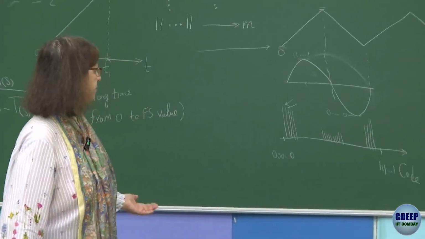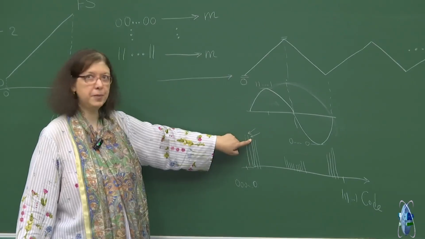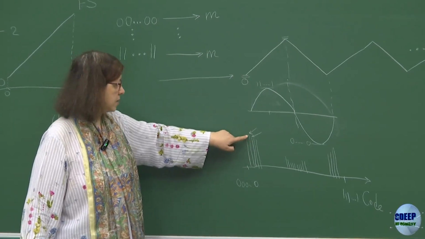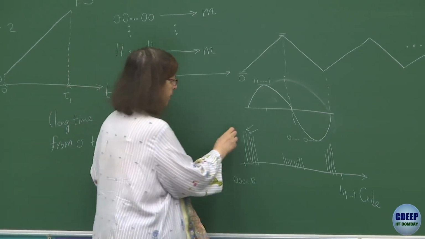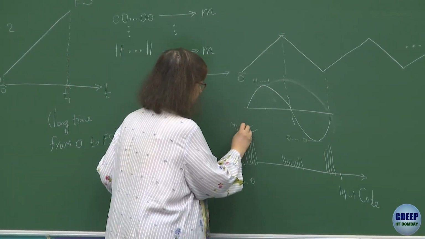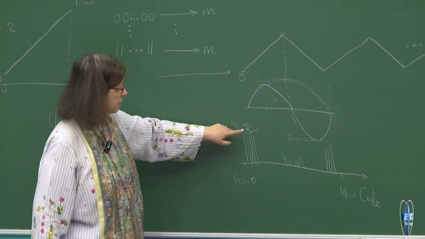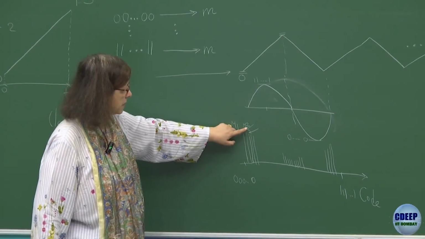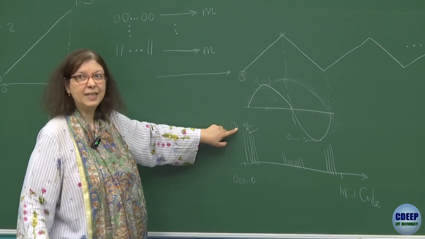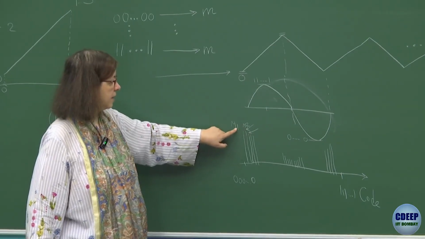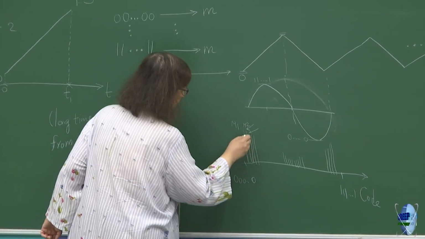So still, suppose the number of hits here should be M1 and number of hits here should be M2. Say for example, the first one is M1 and this is correct, and the next one is M2. So for M2, it is not actually a difference.